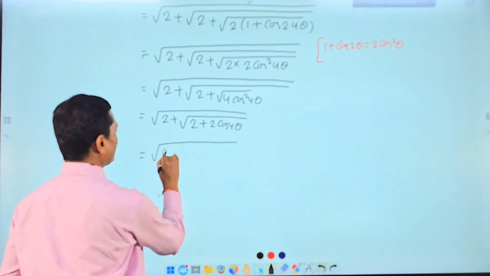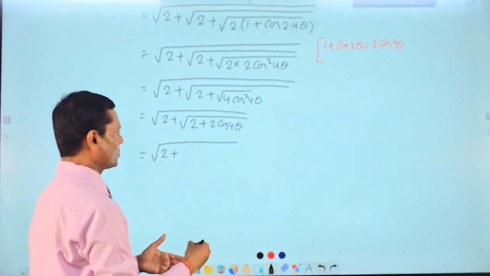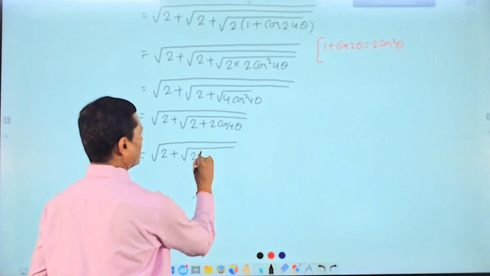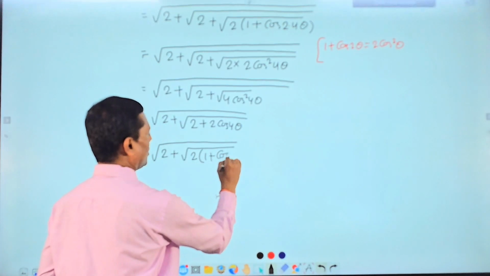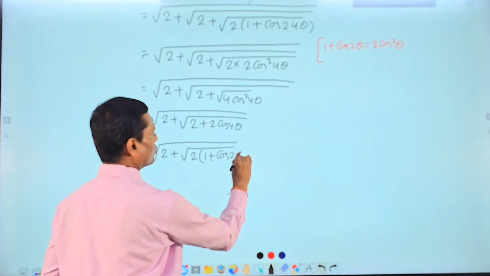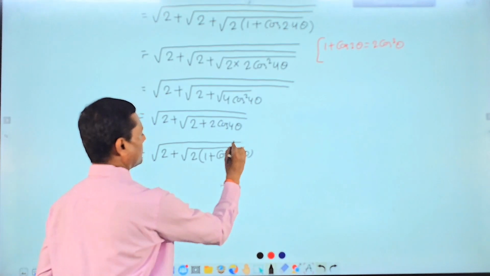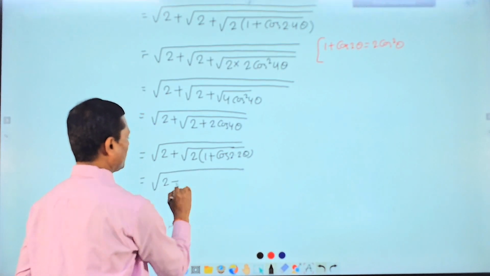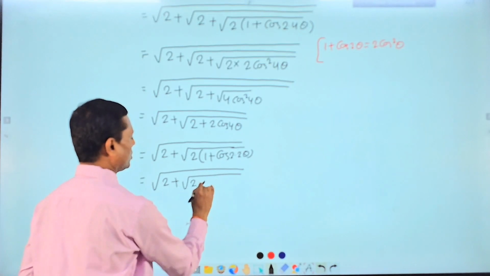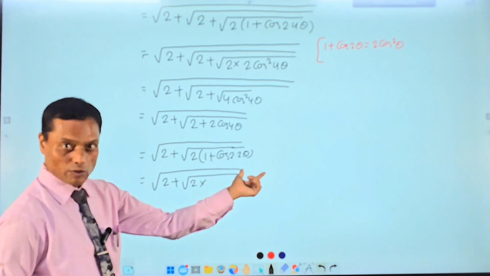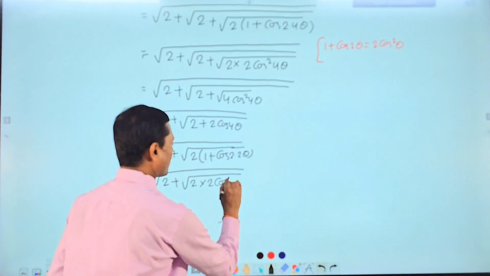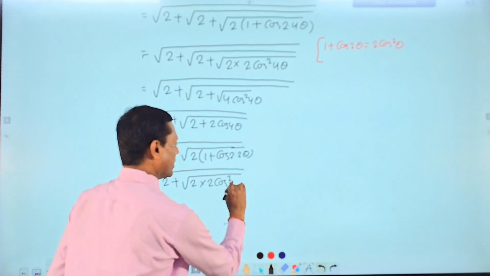Again, same process, the process we are going to repeat. Again, take 2 common, 1 plus, again 4 theta becomes 2 dot 2 theta. Here is 2 plus, here is 2 into, again 1 plus cos 2a equals 2 cos square a. So that is 2 cos square a, and at the place of a we have 2 theta.